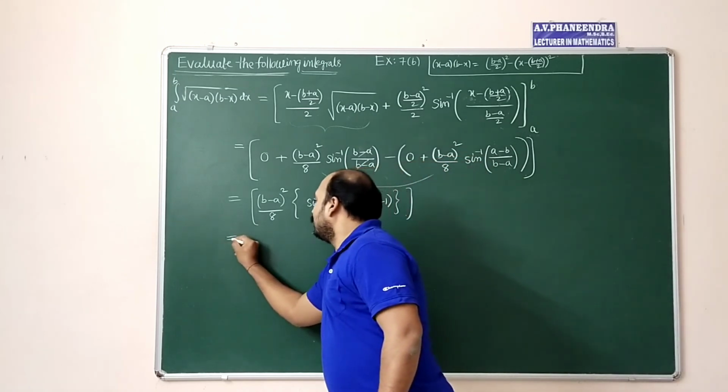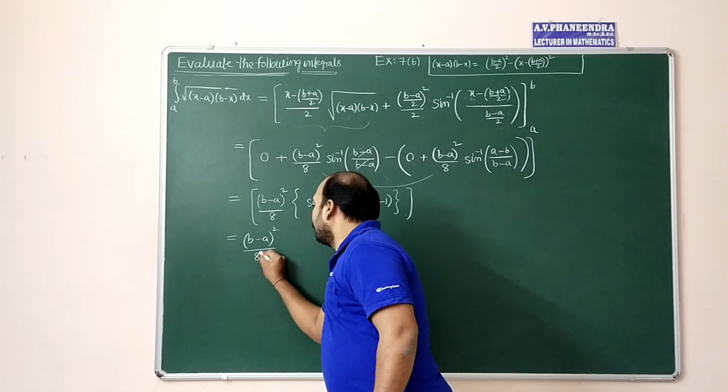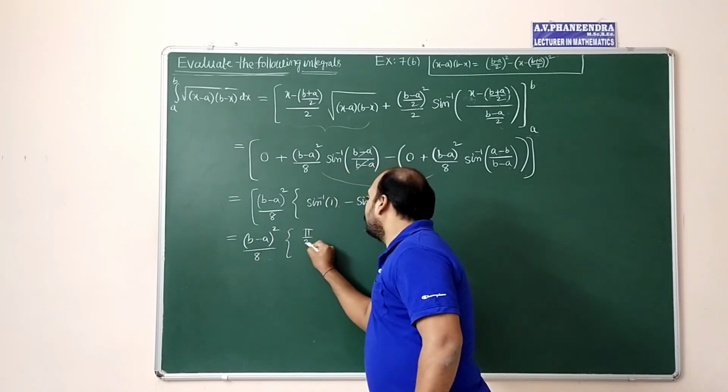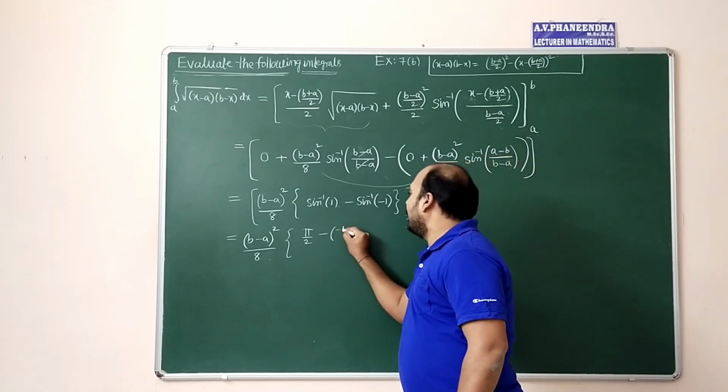So which is equal to (b minus a) whole square by 8. Sine inverse of 1 is pi by 2, minus sine inverse of minus 1 is minus pi by 2.